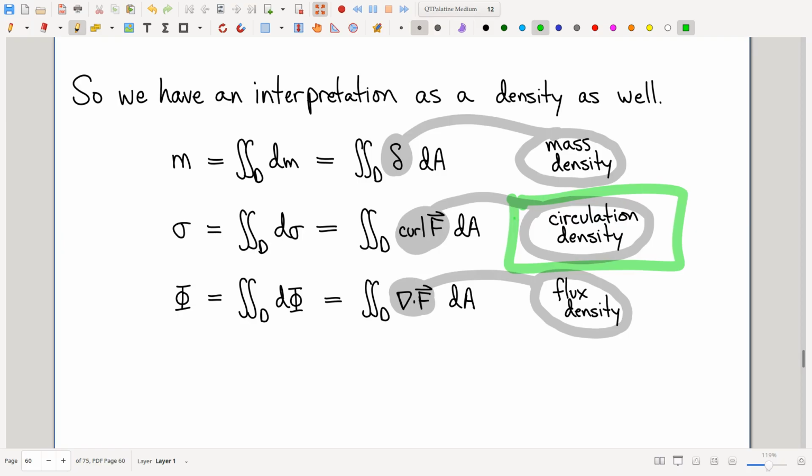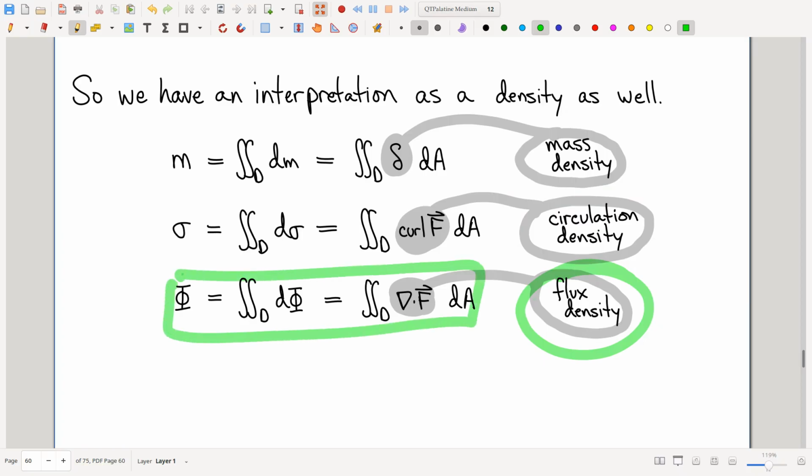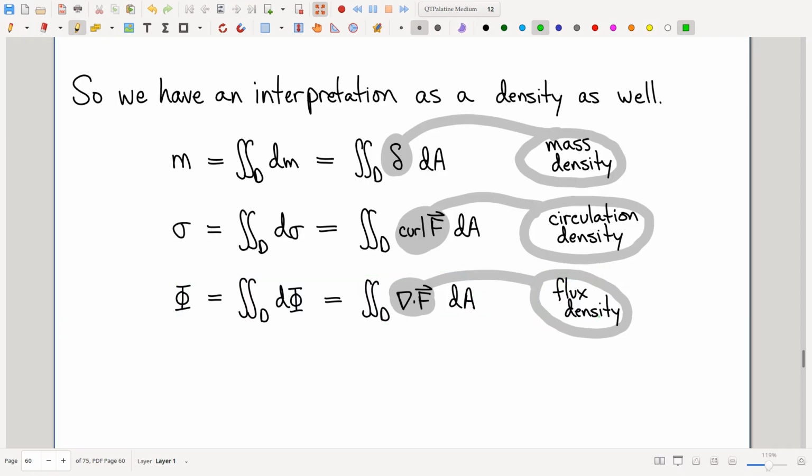I credit this term with helping me, as I was learning this material, to get this point of view and to understand the divergence theorem, because the term was so explicitly descriptive of the role that divergence was playing. It was super duper helpful to me. I really wish that someone had used this term for me as I was learning Green's theorem and a related theorem that we're going to see later called Stokes's curl theorem.